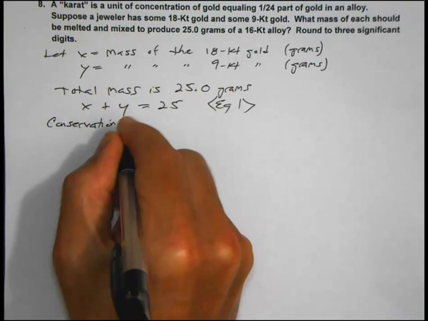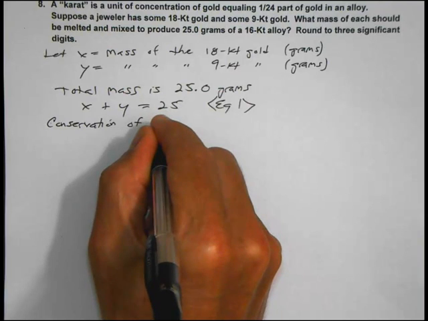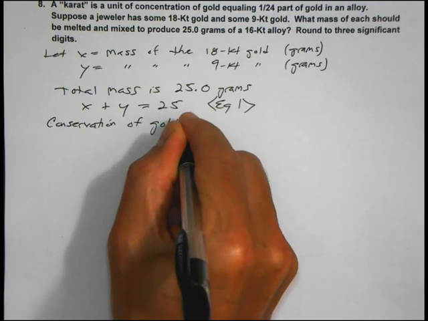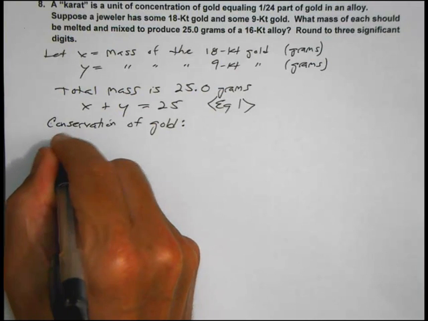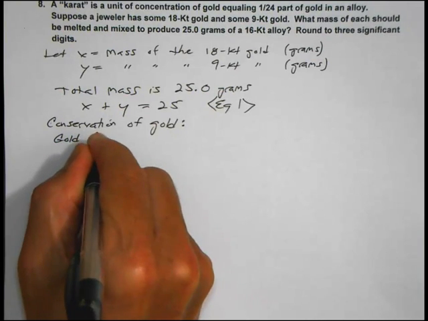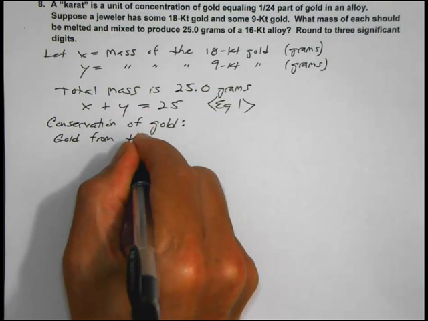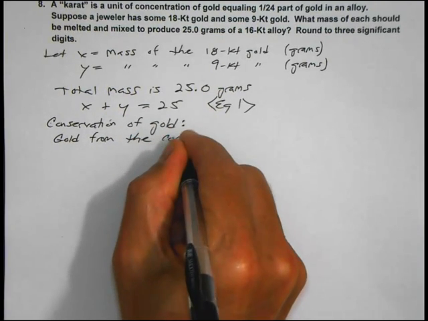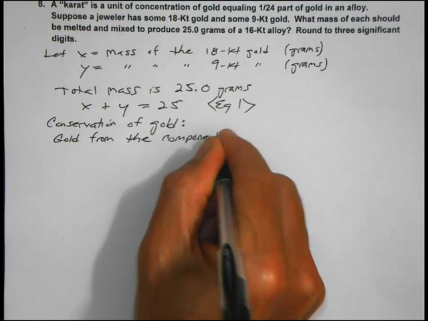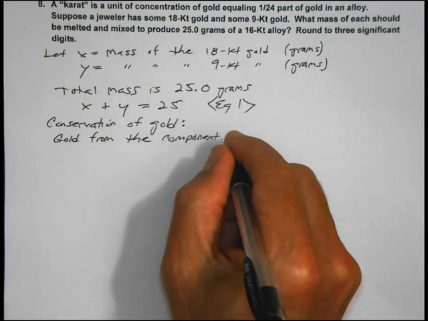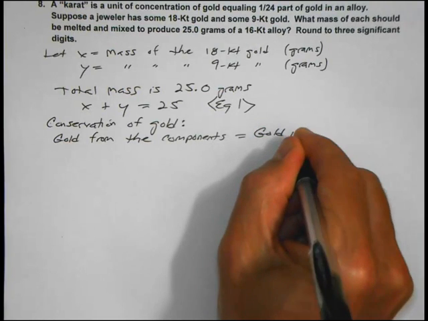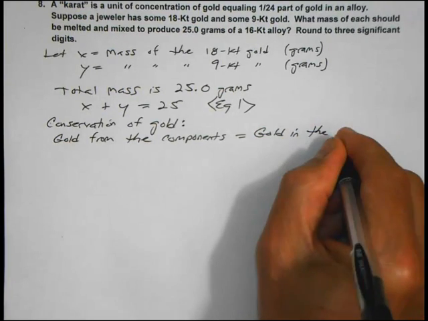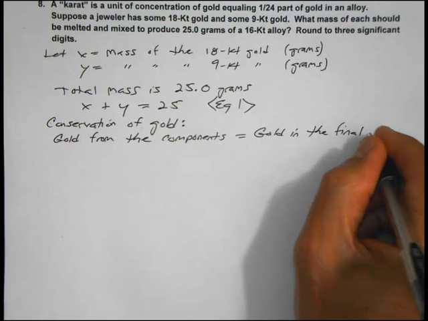Conservation of gold is the basic idea. And to elaborate a little bit here, the gold from the components, in this case those two alloys that are used to create this, has got to equal the gold in the final alloy.